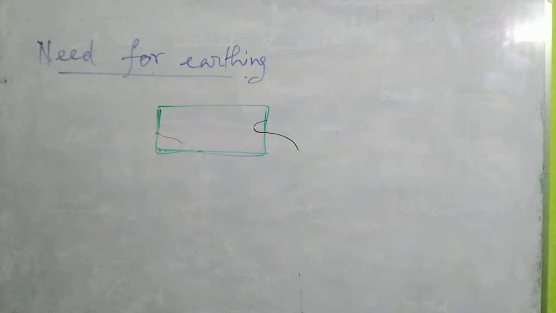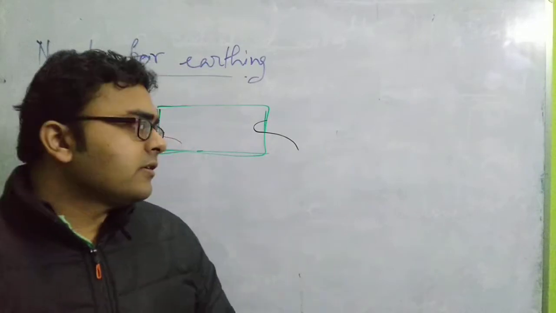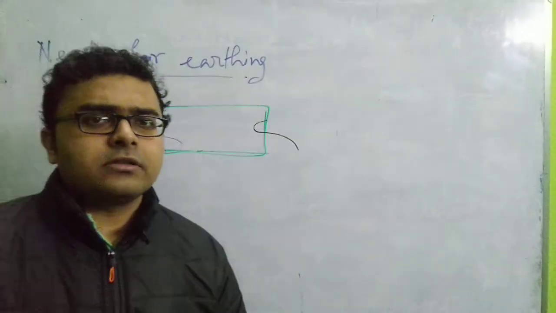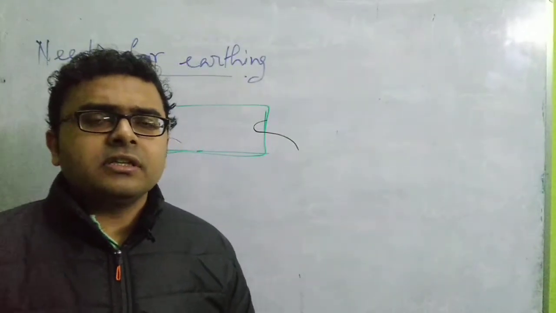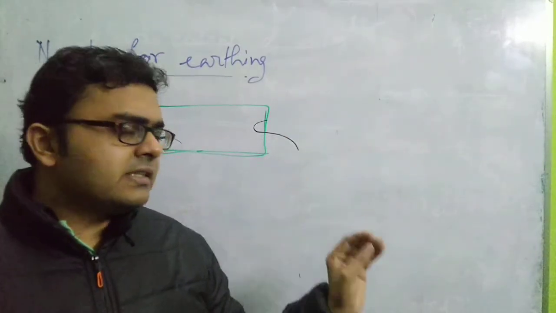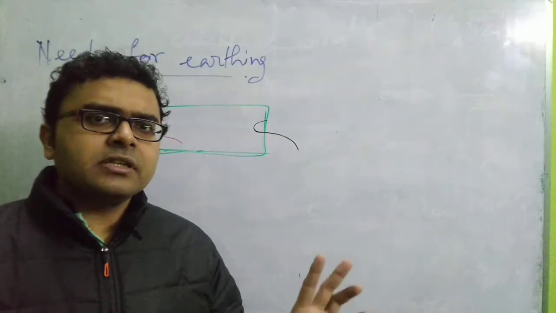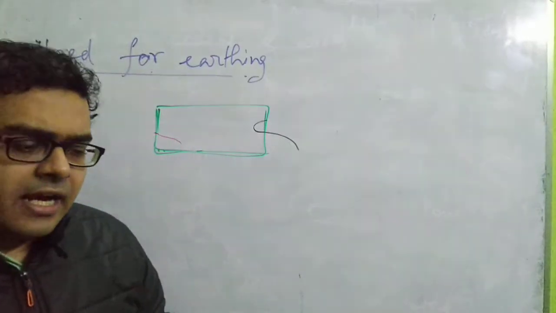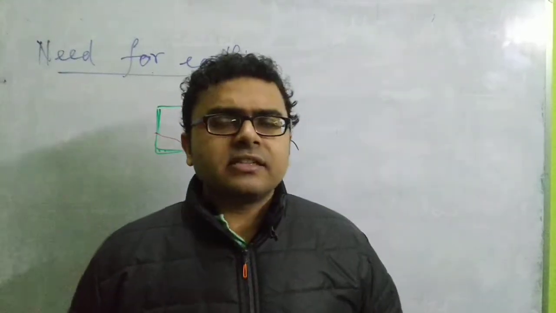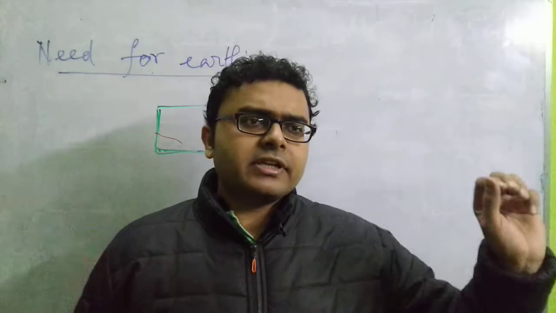Whenever the live wire accidentally comes in contact with the metallic casing, the extra electrons that start to accumulate on the body of the metallic casing will start flowing through this earthwire. The earthwire is connected to the main earthwire of the household circuit, and by that the extra electrons, or the current, will flow through the earthwire and get grounded.